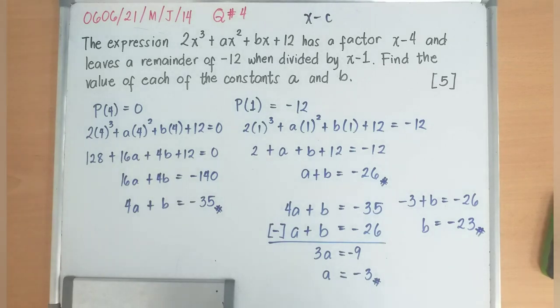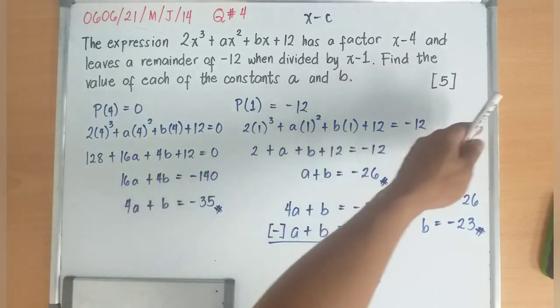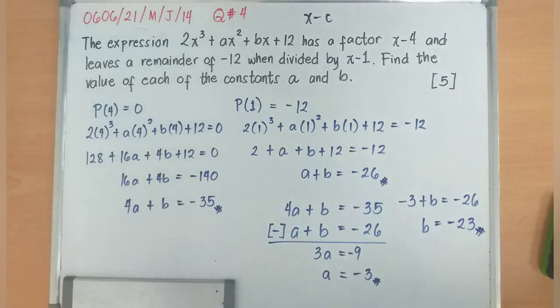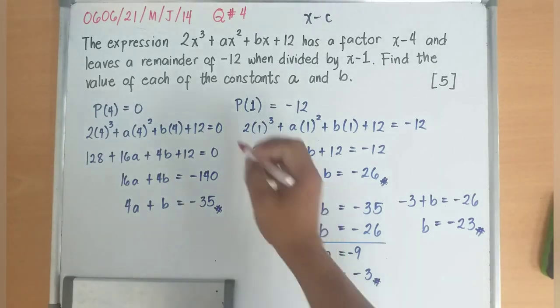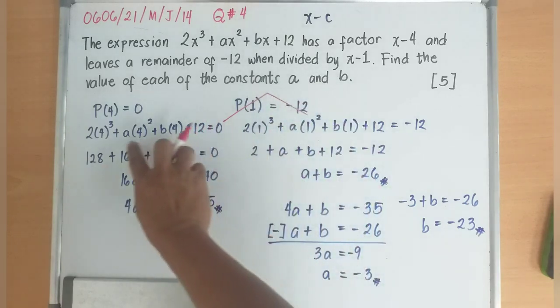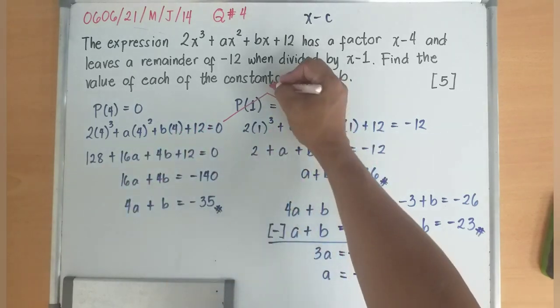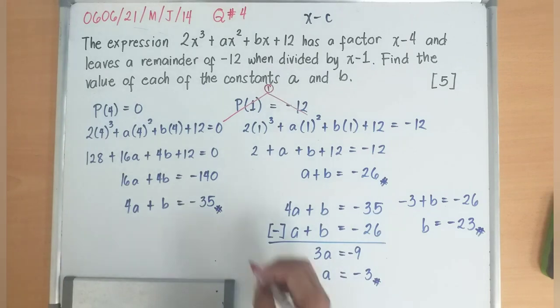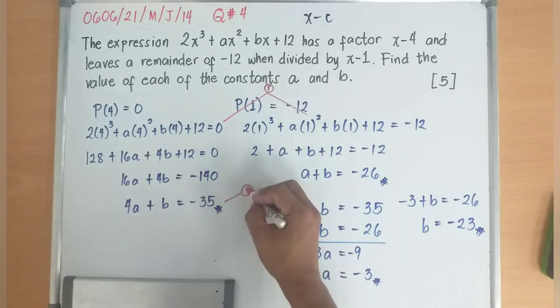Okay? You will be seeing the marking scheme and how you will get the 5 marks. Okay? So the first 1 mark is when you get an attempt of putting in 4 and 1. So this is the first mark. You will get 1 mark over here.